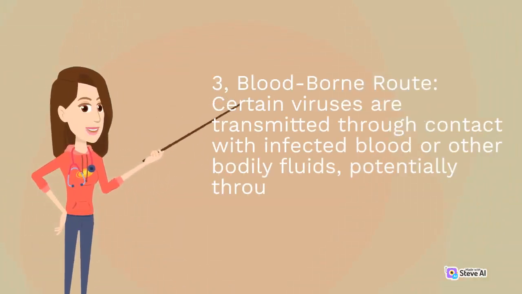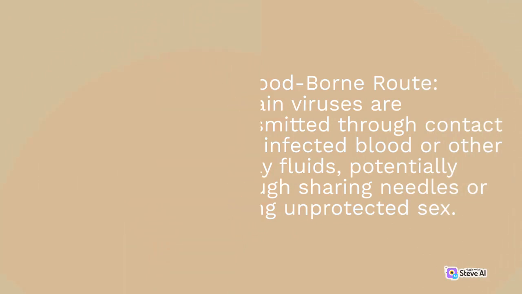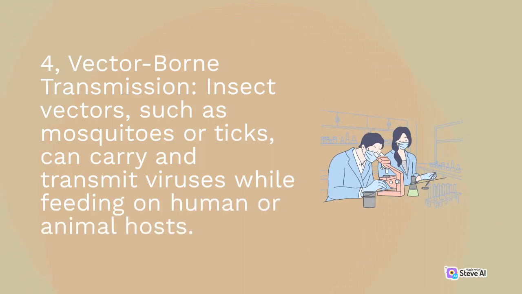Bloodborne route. Certain viruses are transmitted through contact with infected blood or other bodily fluids, potentially through sharing needles or having unprotected sex. 4. Vector-borne transmission. Insect vectors, such as mosquitoes or ticks, can carry and transmit viruses while feeding on human or animal hosts.